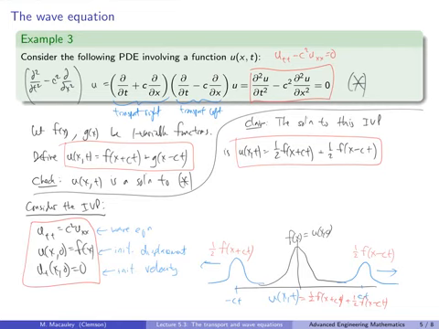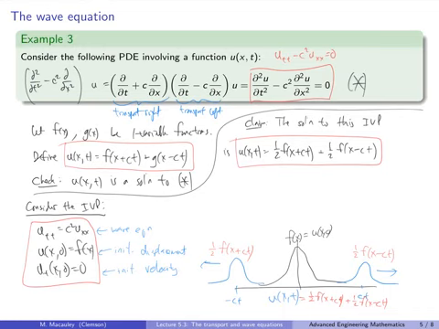So if you apply this differential operator to this sum, then the transport right is going to kill this term, and the transport left is going to kill that term. The initial displacement, if you plug in 0 into here, you get 1/2 f of x plus 1/2 f of x, you get f of x. So this satisfies the wave equation, it satisfies initial displacement, and it's easy to check that it satisfies the initial velocity.